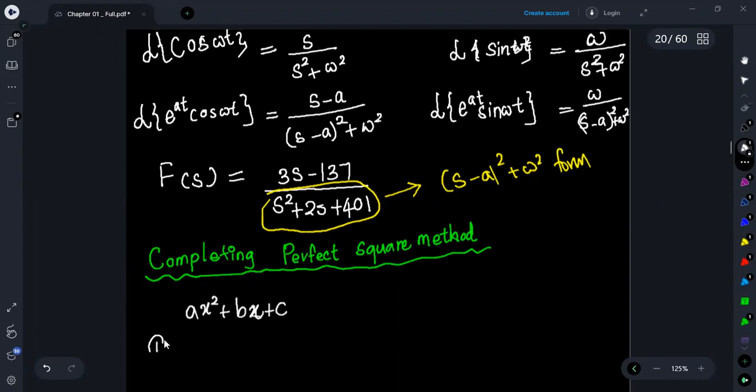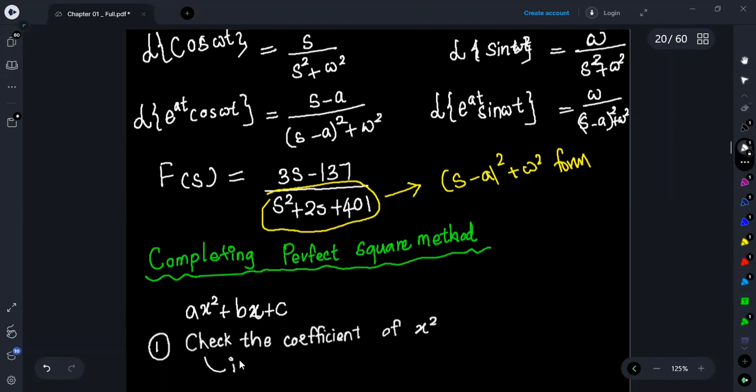As the first step, you have to check the coefficient of x squared, that means the highest term. If it is s, then s squared.